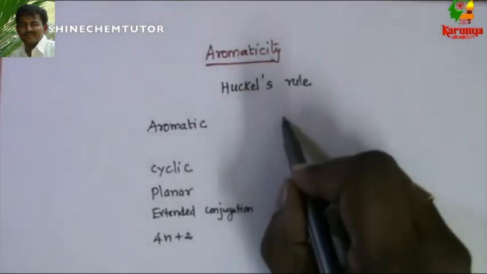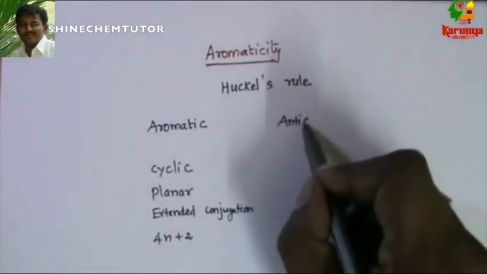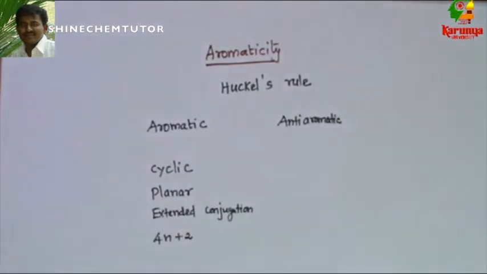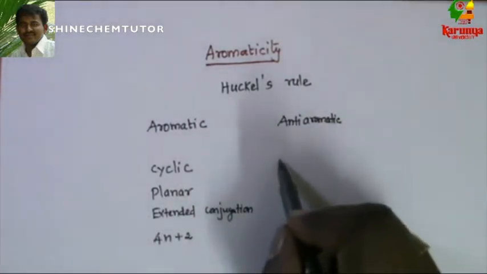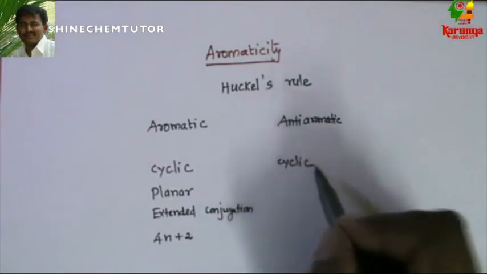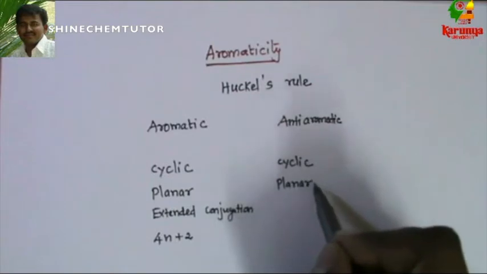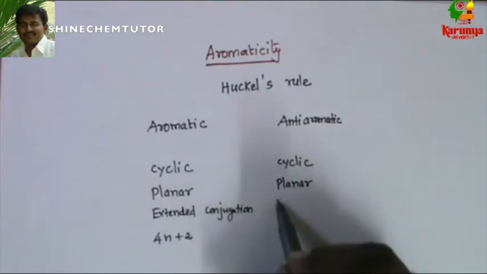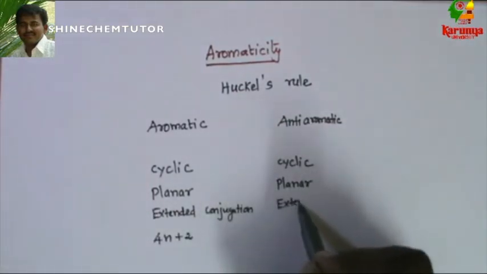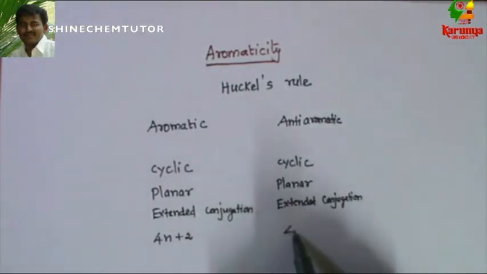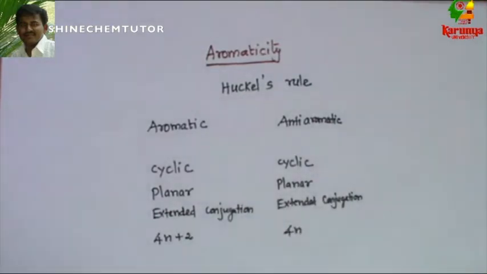A compound is anti-aromatic if it is cyclic, planar, there is extended conjugation, and the number of electrons involved in extended conjugation is a multiple of 4.